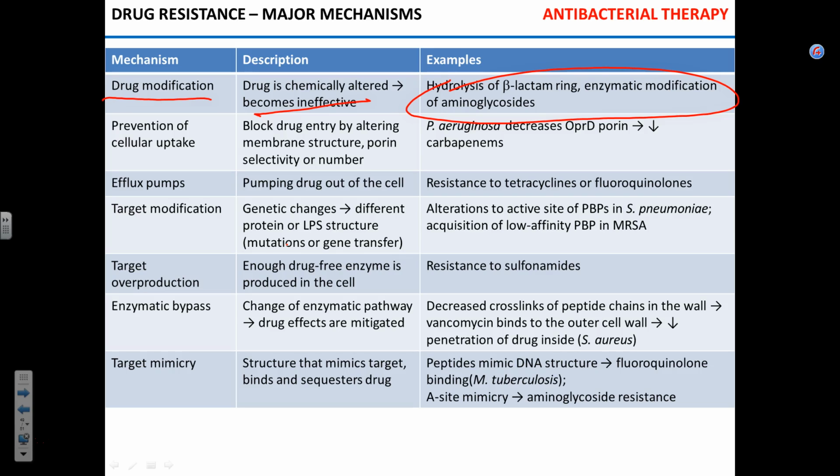So please be able to tell apart a drug and its target. So penicillin is a drug or target? Drug. And its target is the enzyme that synthesizes the cell wall. Aminoglycoside. Drug or target?